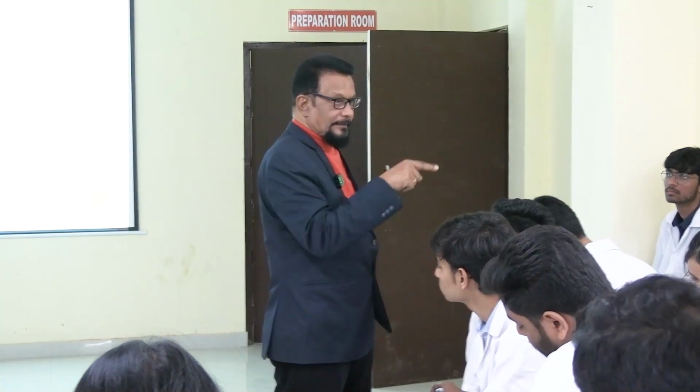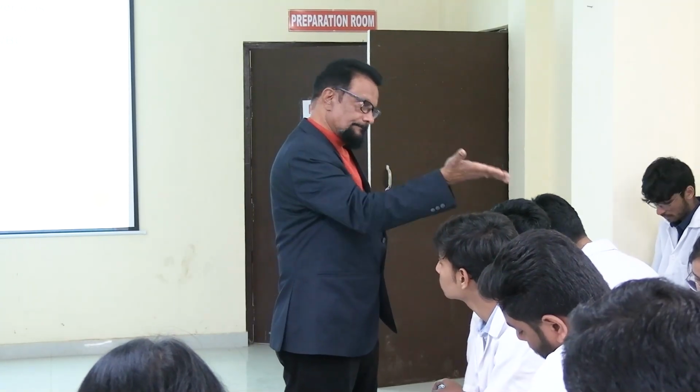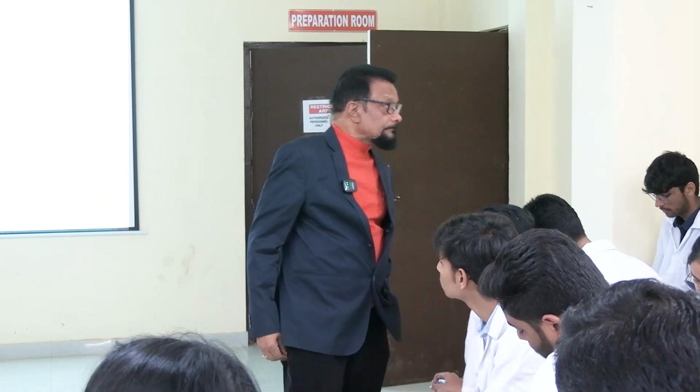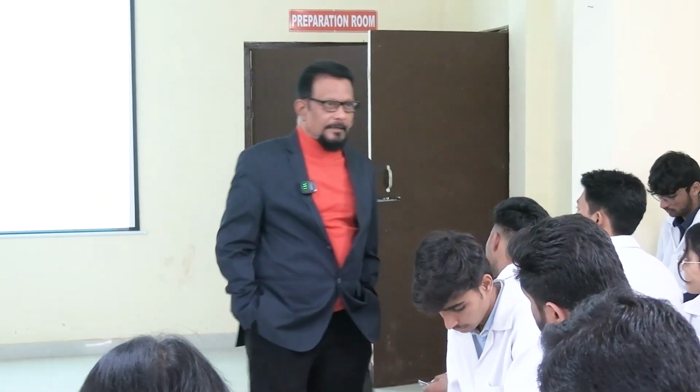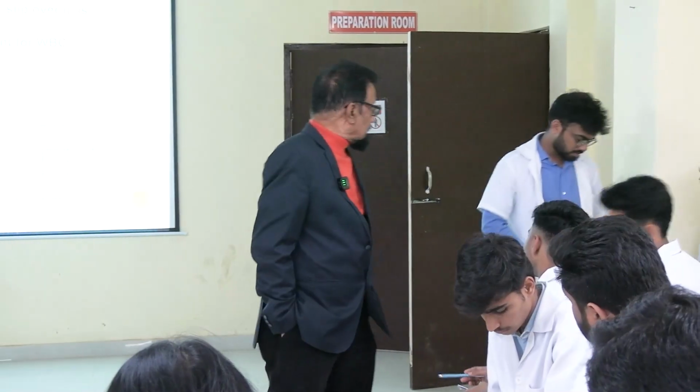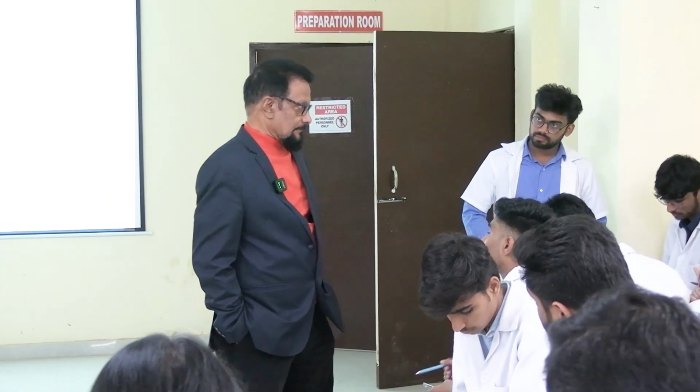In 1 cubic millimeter, how many WBCs will be there? Calculate. You calculate how it can become 80. It's not so easy. In 1 cubic millimeter.